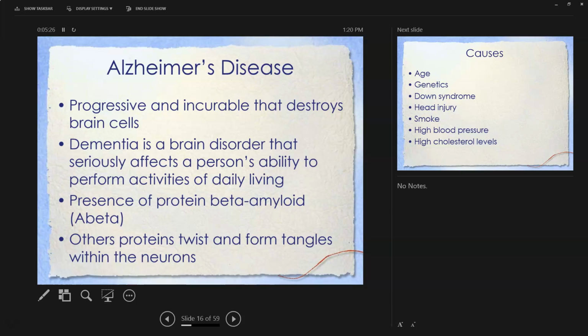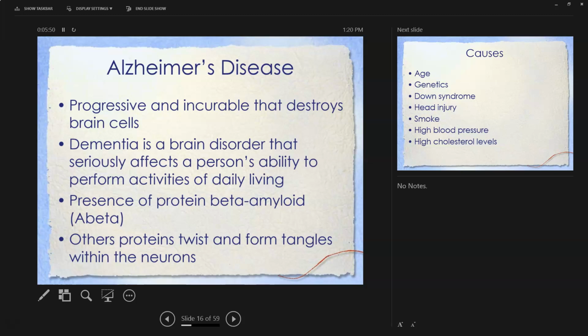You need to know the terms in the front of this book. The presence of a protein, beta amyloid. A-beta is what they look for in the CAT scan. And if they see these proteins in a CAT scan of a patient's brain, then they can predict that they either do or will have Alzheimer's.